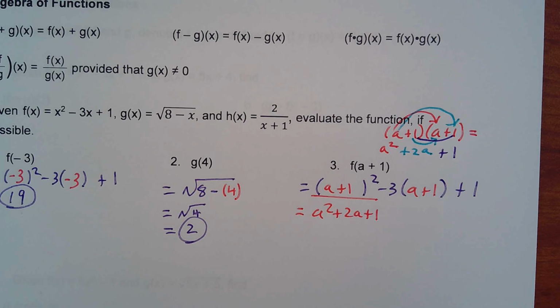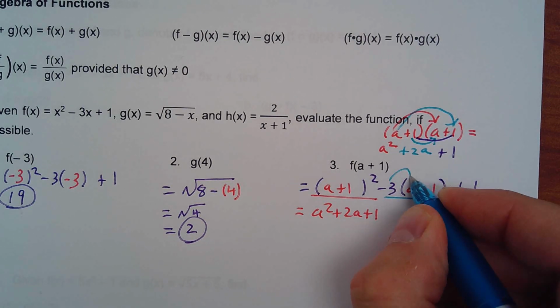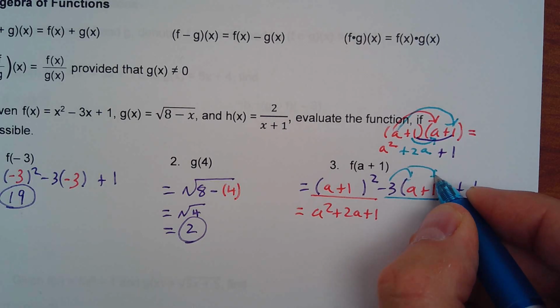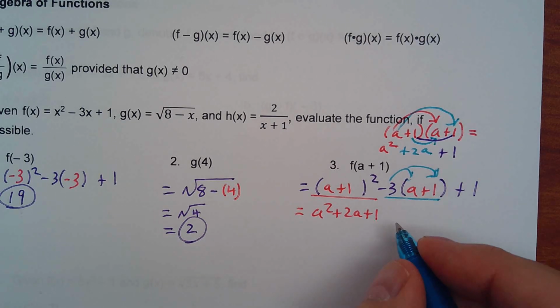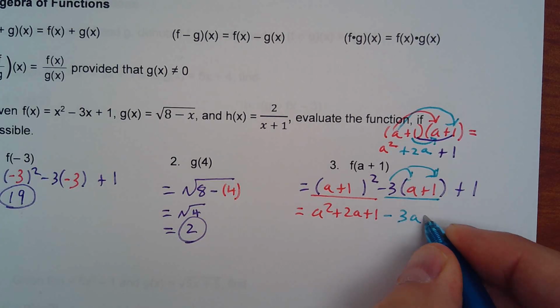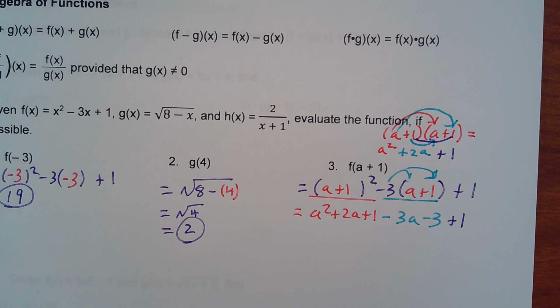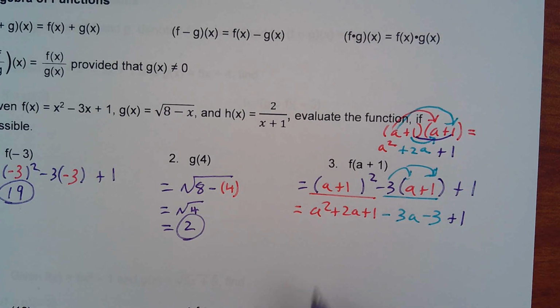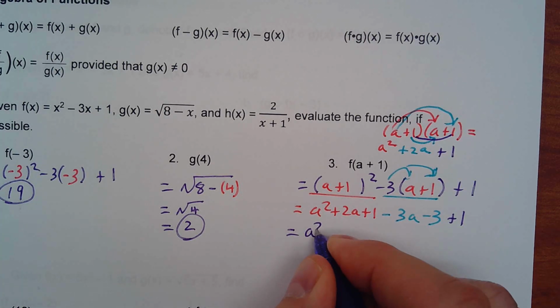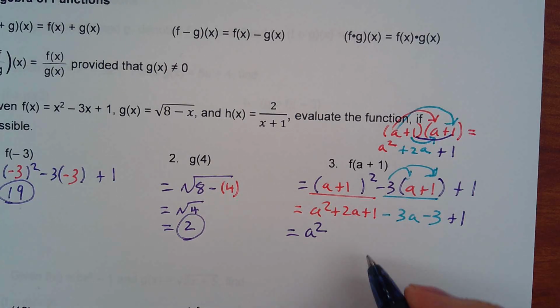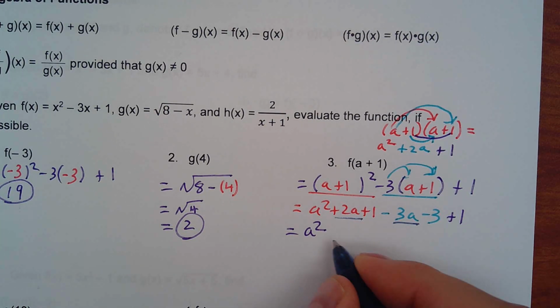For this one, I'm going to need to distribute that -3 to both terms. Those are supposed to be arrows. Minus 3a minus 3. And then bring down the plus 1. And now I'm just going to combine like terms. So I've got my a squared. 2a minus 3a is negative a.